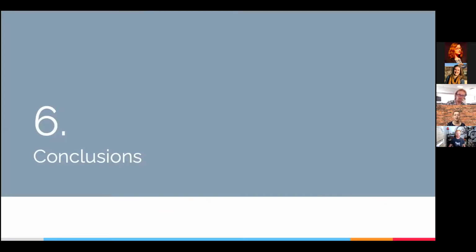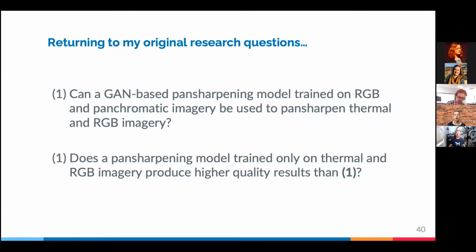Okay, so lastly, the conclusions of my thesis. Returning to the original research questions: can a GAN-based pan-sharpening model trained on RGB and panchromatic imagery be used to pan-sharpen thermal and RGB imagery? And secondly, does a pan-sharpening model trained only on thermal and RGB imagery produce higher quality results than one pre-trained?